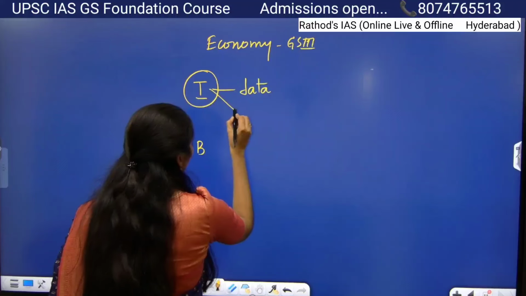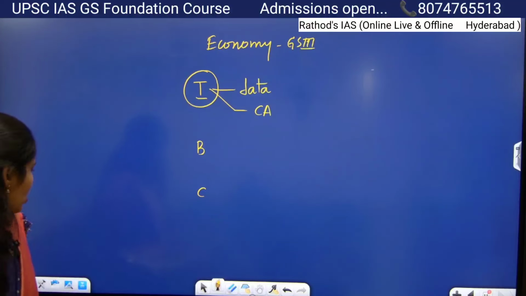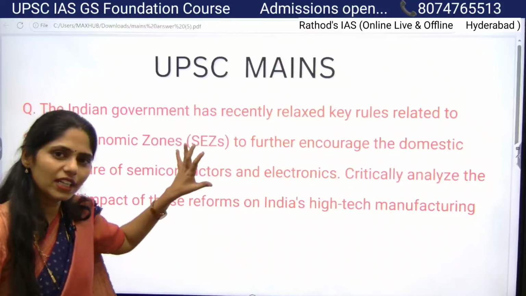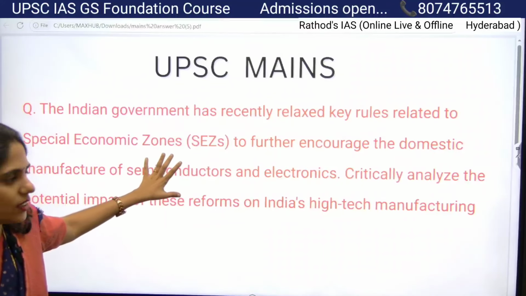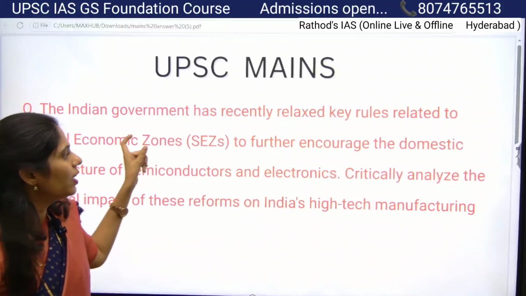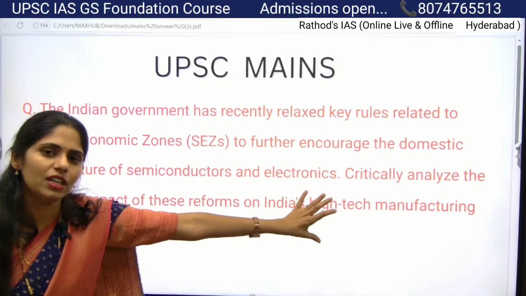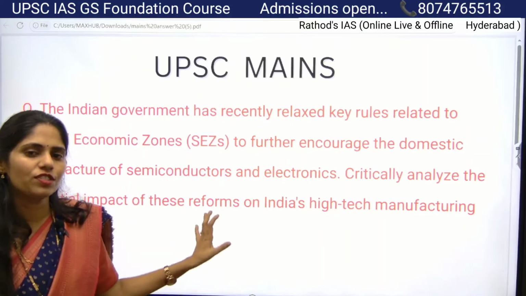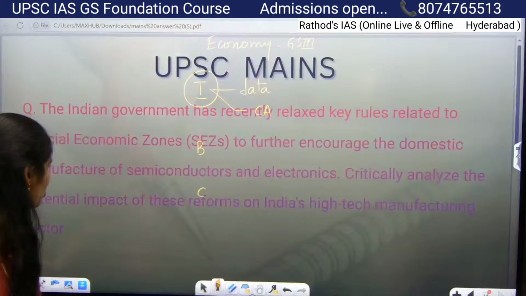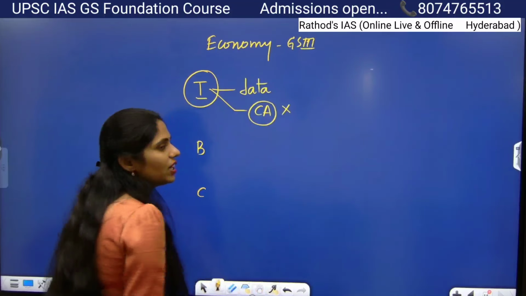And the next option is you can use why it is in current affairs. If you go back to the question, they directly gave why it is in news. That means recently our government relaxed certain rules regarding special economic zones for improvement of our domestic manufacturing of semiconductors. They gave it directly, so there is no chance of using current affairs and its relevance.